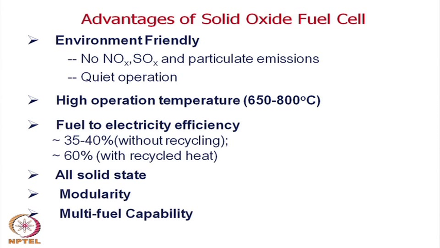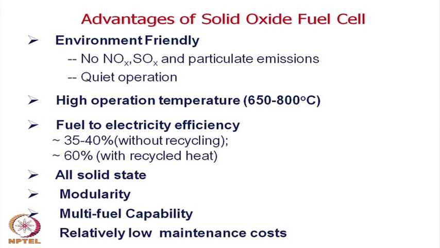So, the hydrocarbons get broken down on the spot, or on site, into hydrogen and carbon monoxide, and both of them can be used as a fuel in the system.